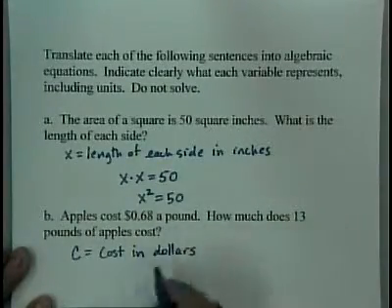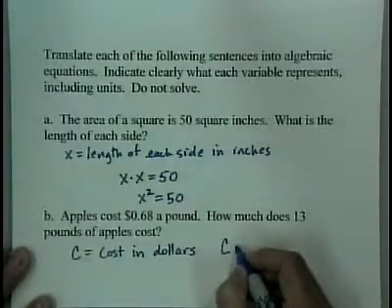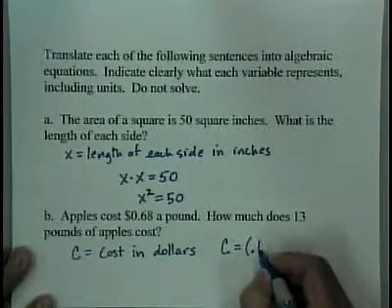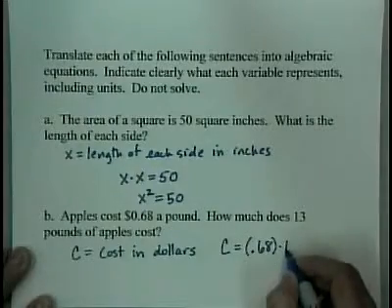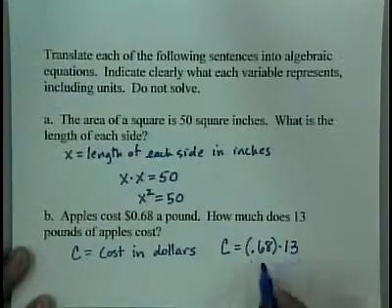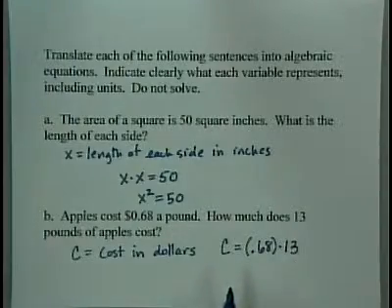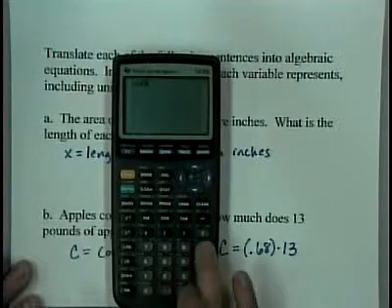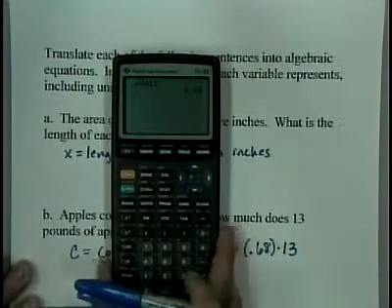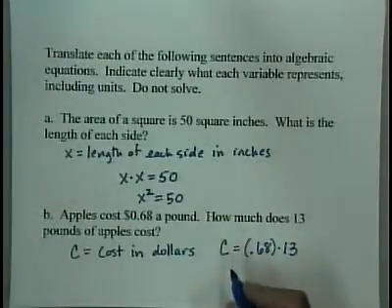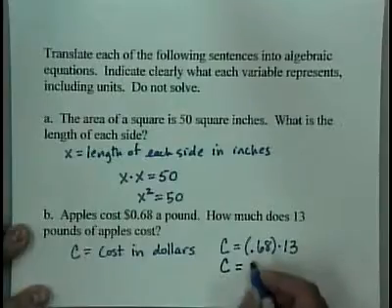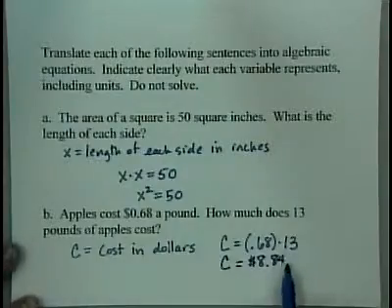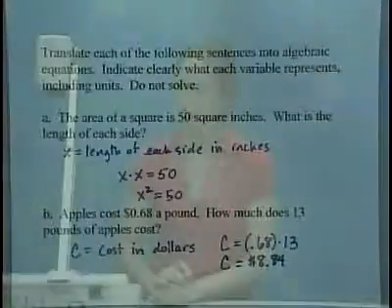And according to the information given, the cost of 13 pounds is found by taking our 68 cents times the number of pounds. This is actually an equation, even though you would multiply. Let's multiply 0.68 times 13. 0.68 times 13 is 8.84. And so we could write a simplified equation here, C equals 8.84. Although the directions do say do not solve, either one of these is okay in this particular example.